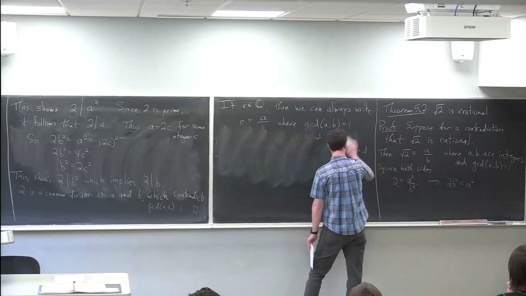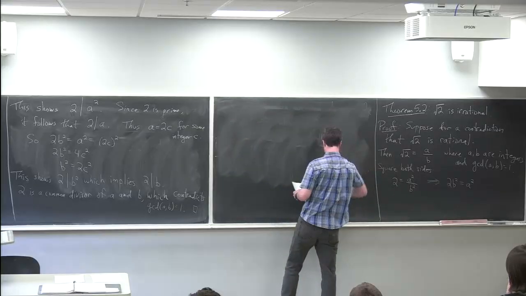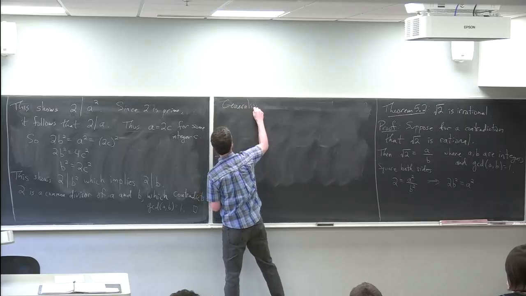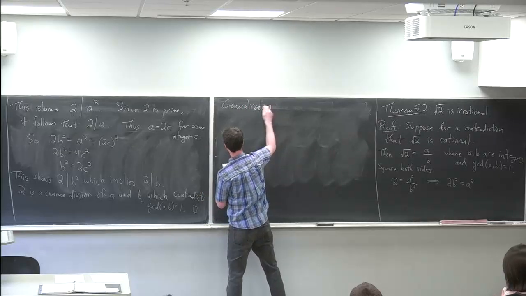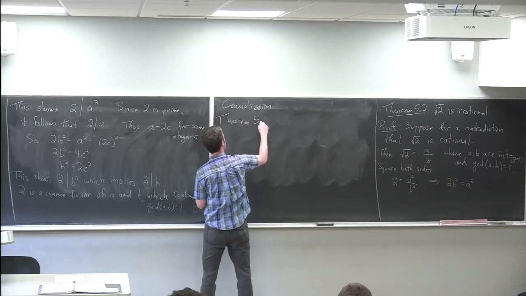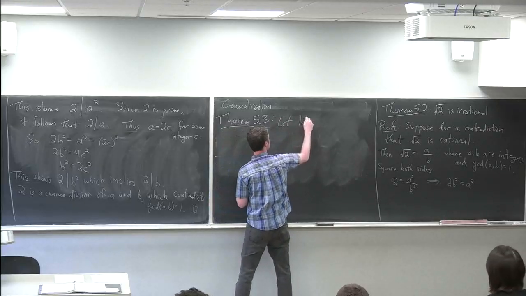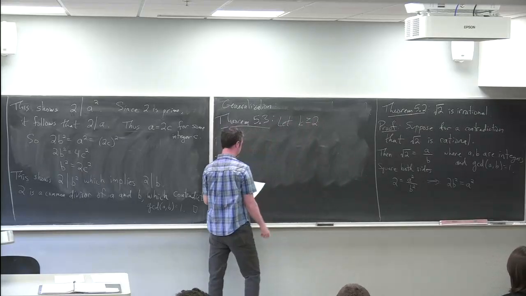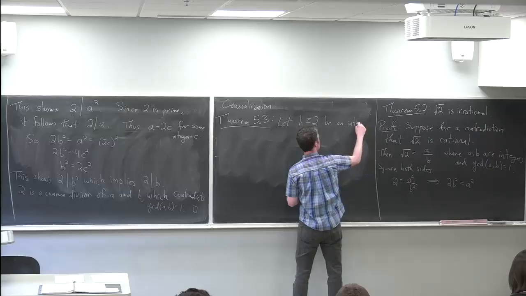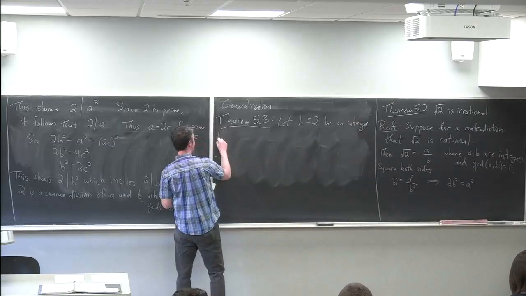Okay, here's a very general statement about kth roots of integers. So this is theorem 5.3. So suppose k is an exponent, or root, for us, something that's at least 2. Then suppose we have a positive integer.